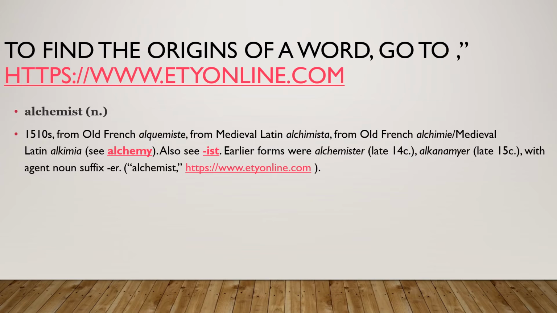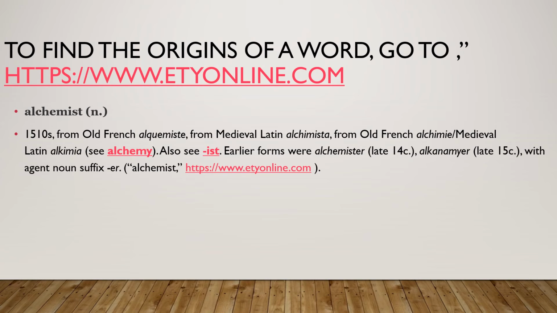For example, alchemist came from the Old French word alchimiste around 1510. The Old French word was taken from the medieval Latin word alchemista. Therefore, the word alchemist changed over hundreds of years, yet alchemist maintained its basic root, chim, which came from chem in medieval Latin.